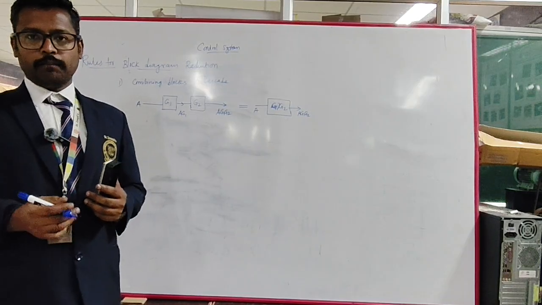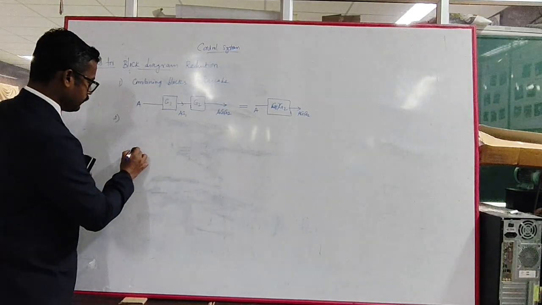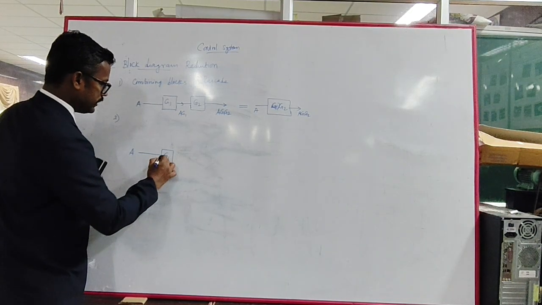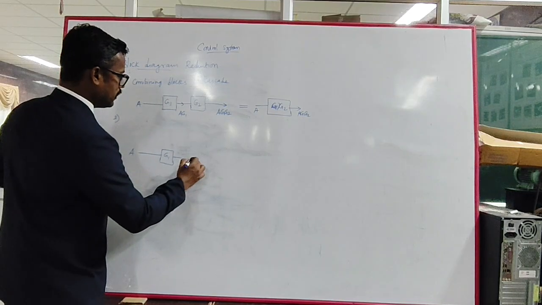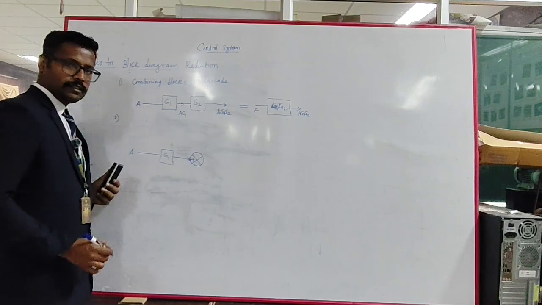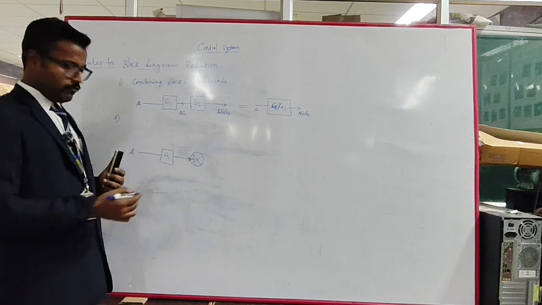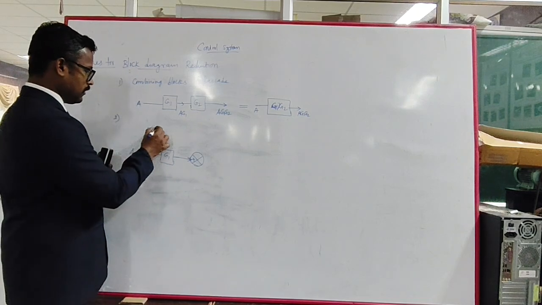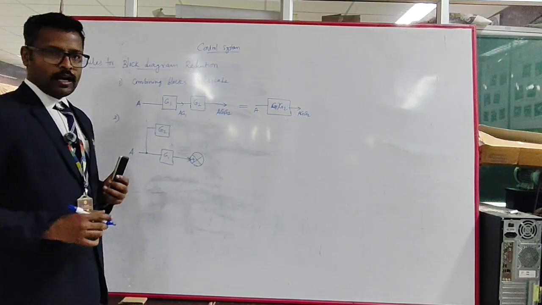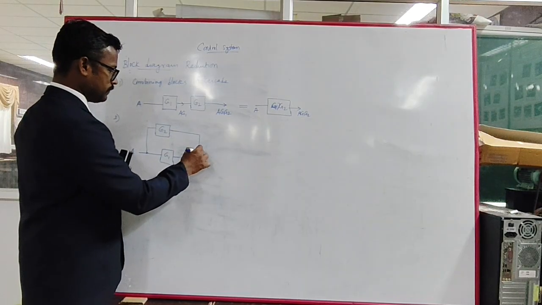When the blocks are in parallel, what we have to do, just we are seeing that. So A is given, and you can take the same thing G1, and it will be given to some summing point with the addition plus. Then the second thing is the same signal is taken and provided to the other gain function G2, and that G2 is again added back here.